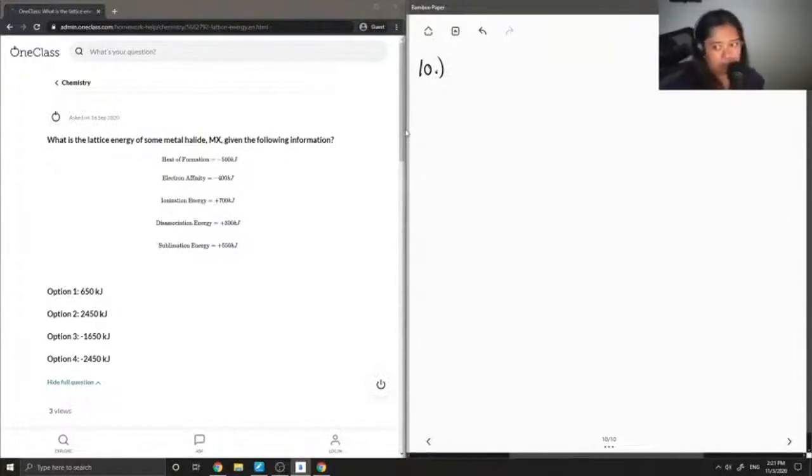So we're looking for lattice energy. Basically, the definition of this is when you have your ions coming together to form your final solid, or final product.